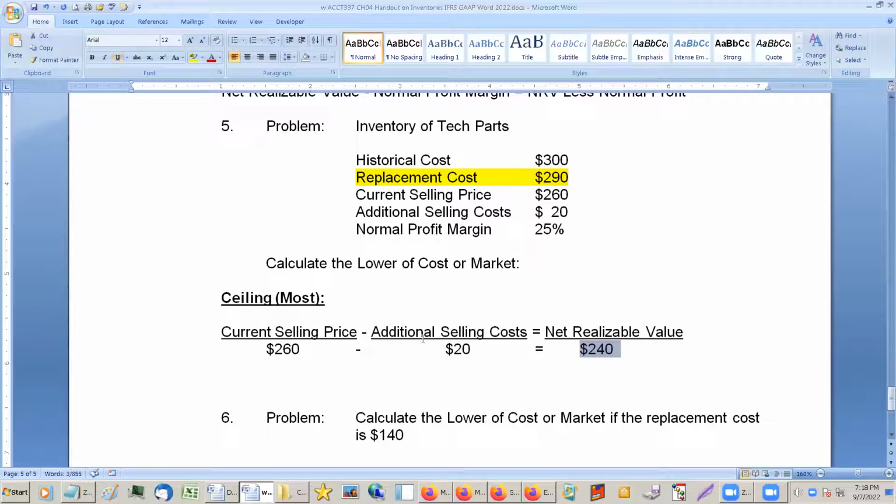So the net realizable value for the ceiling is 240. So this is the most we can have that on our books at.